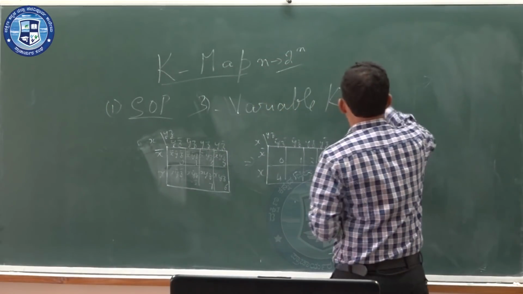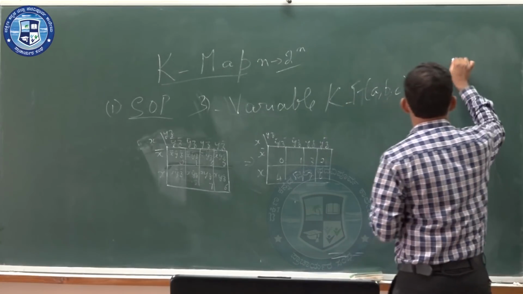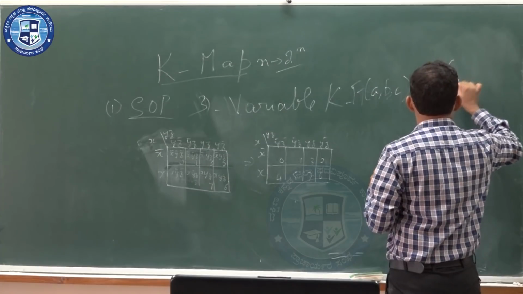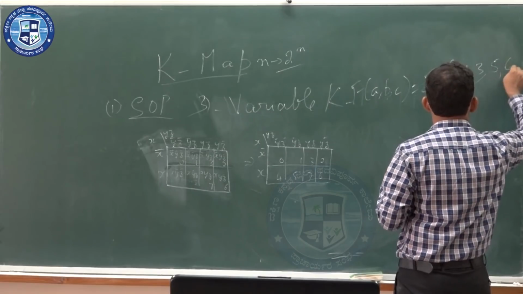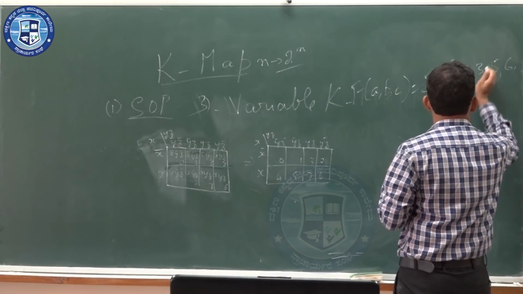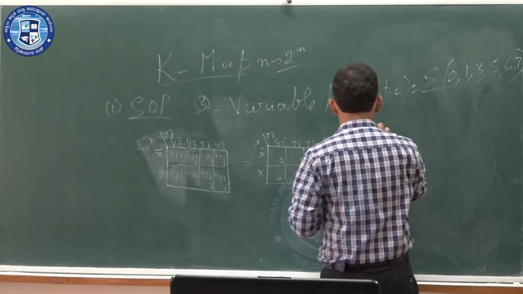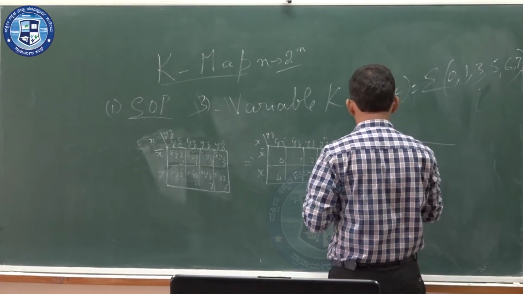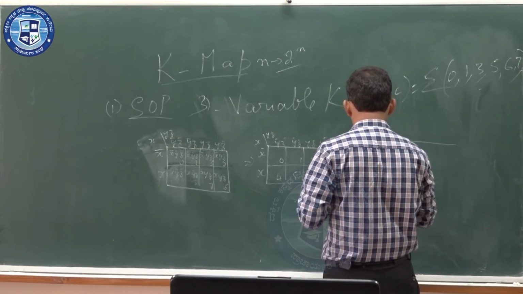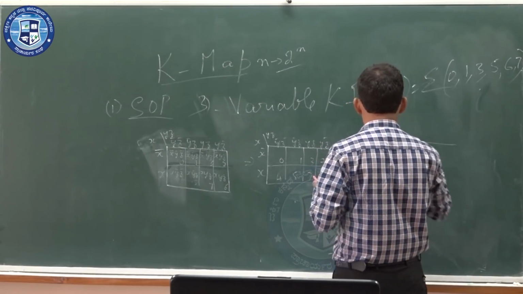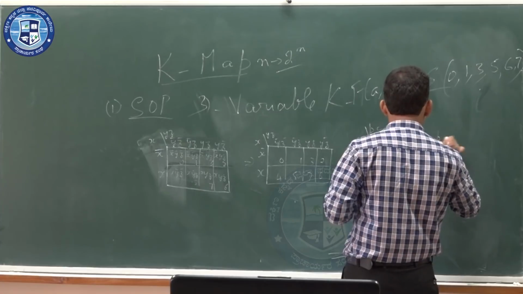Let me take f of a, b, c is equal to summation of 0, 1, 3, 5, 6, 7. I write the K map here. The variable is not x, y, z now, a, b and c. A bar, a, b bar c bar, b bar c, b c and b c bar.